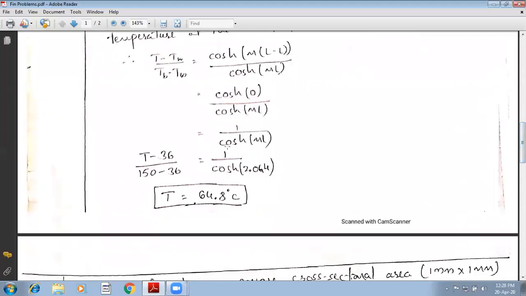Now you will have this as some value. You need to calculate this temperature. If you do some simple math, you'll end up with a temperature equal to 64.8 degrees Celsius.